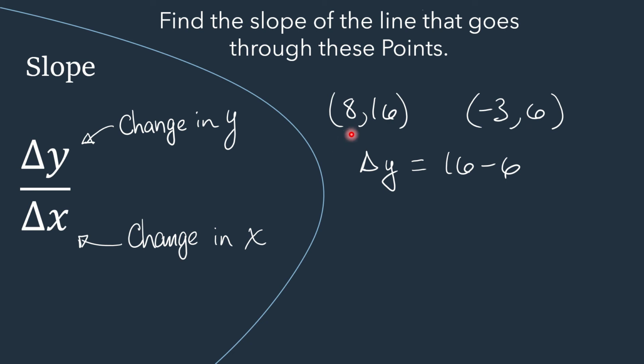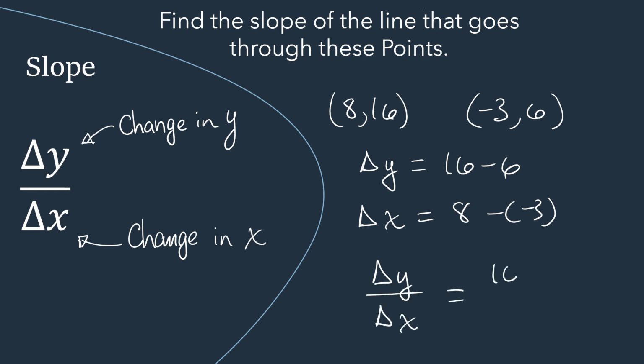And you can see my x values are 8 and negative 3, so my change in x will be 8 minus negative 3. 16 minus 6 is 10, and 8 minus negative 3 is 8 plus 3, so that's 11. So my slope ratio ends up being 10 over 11.